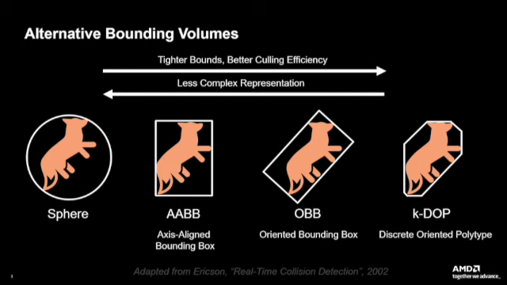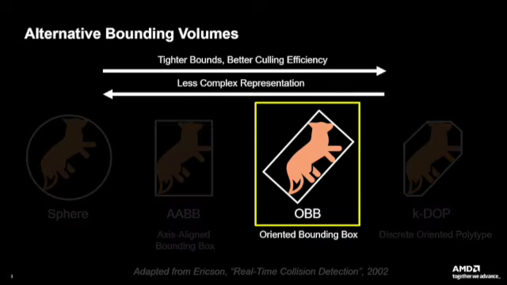You could also use a discrete-oriented polytope, where you have k bounding planes to also increase the culling efficiency. However, in the last 2 years, we've seen attention to OBBs because it seems compelling. You just need one additional piece of information, like a rotation, and then you could already decrease the surface area and also increase the culling efficiency.